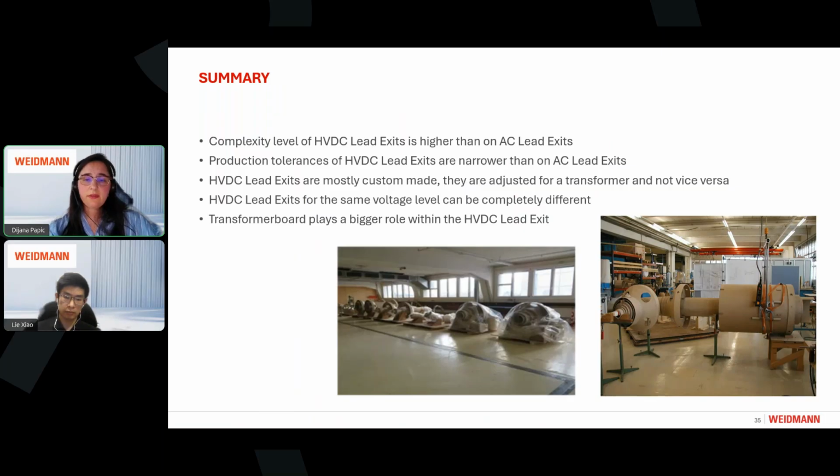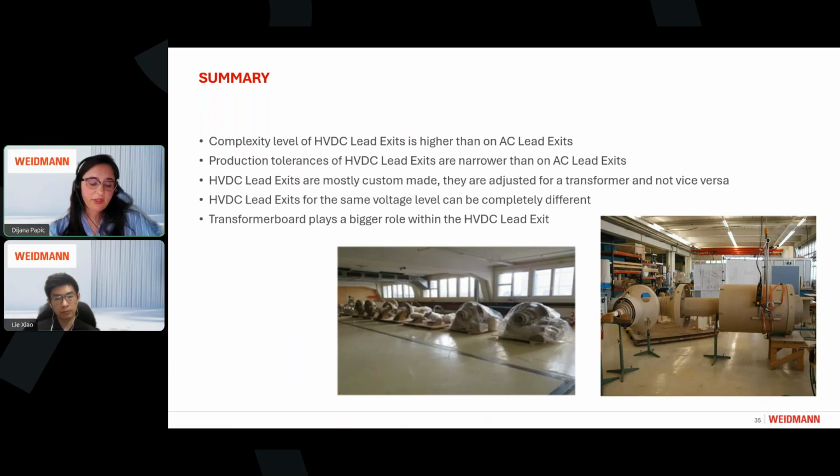For now there is no final cookbook, depending for example on voltage levels, for how a DC lead exit should be produced, but it is always customized and in agreement with the transformer producer, depending on their needs.